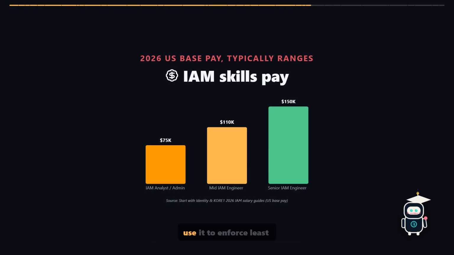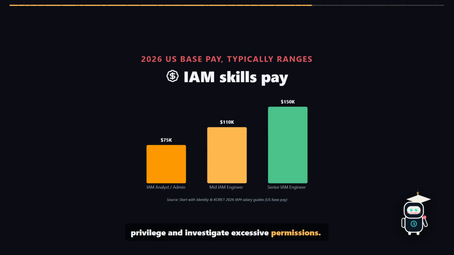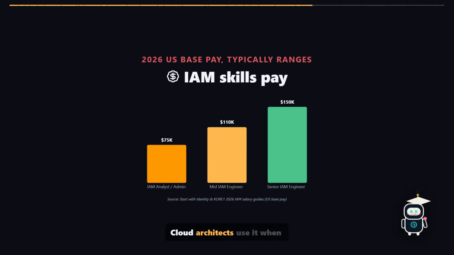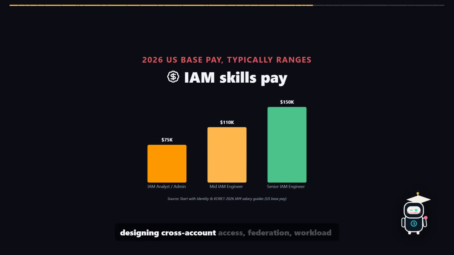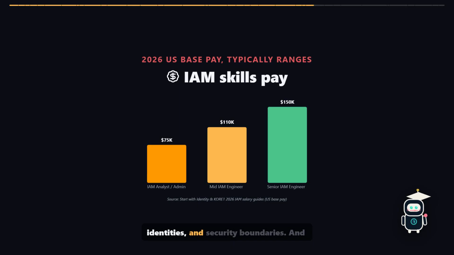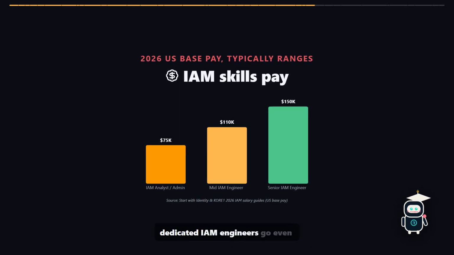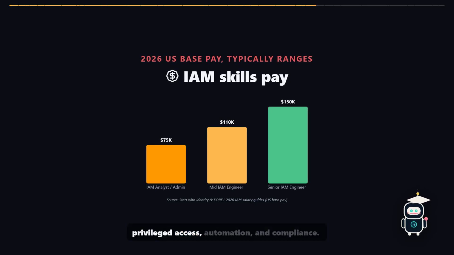Security engineers use it to enforce least privilege and investigate excessive permissions. Cloud architects use it when designing cross-account access, federation, workload identities, and security boundaries. And dedicated IAM engineers go even deeper into identity governance, federation, privileged access, automation, and compliance.